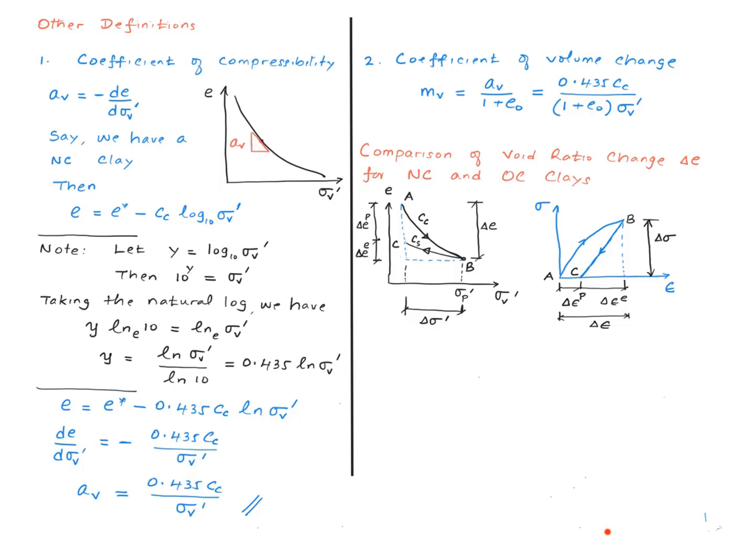On the other hand, if the soil had been over-consolidated, for the same change in the vertical stress, the change in the void ratio is going to be much smaller. We'll see in a little bit that this change in void ratio is the one that translates into vertical settlement. So the vertical settlement associated with the normally consolidated clay is much bigger than the vertical settlement associated with an over-consolidated clay.